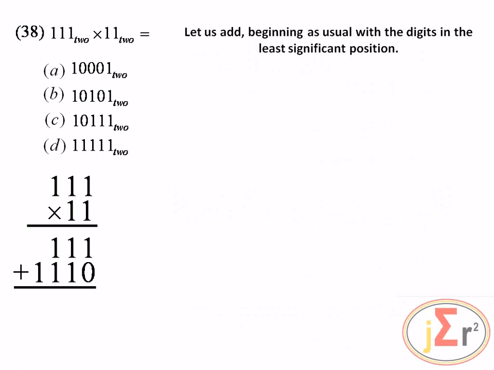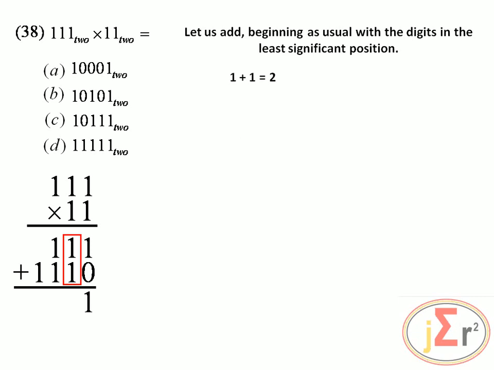Let us add, beginning as usual with the digits in the least significant position, those two. 1 plus 0 is equal to 1. No harm there. Move on. 1 plus 1 is equal to 2.